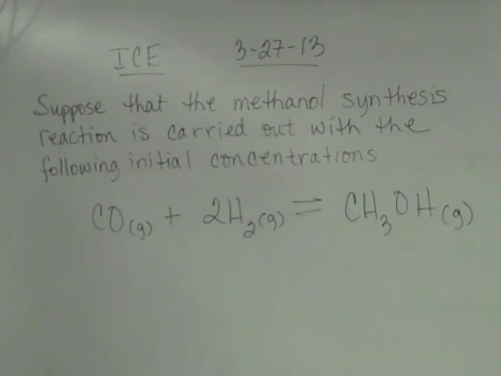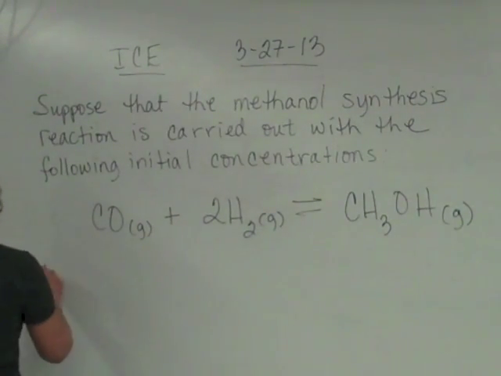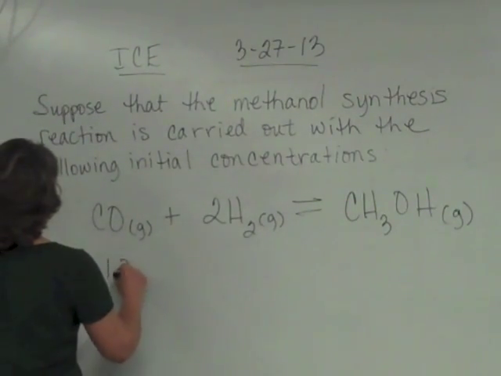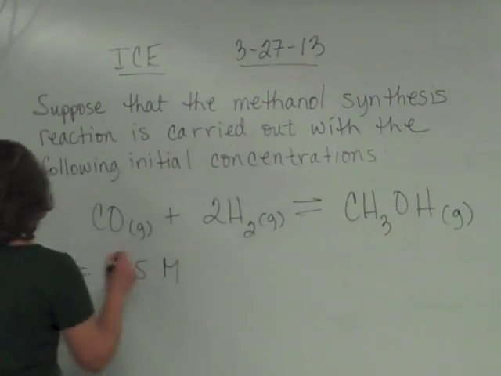All right, so what are our concentrations of everything? To start out with, the carbon monoxide concentration is 1.75 molar.